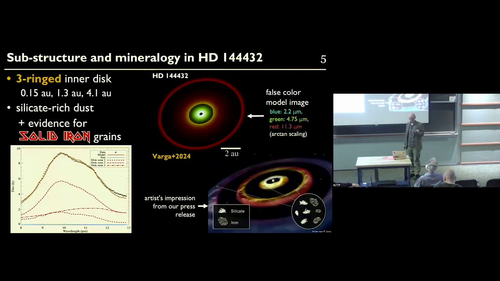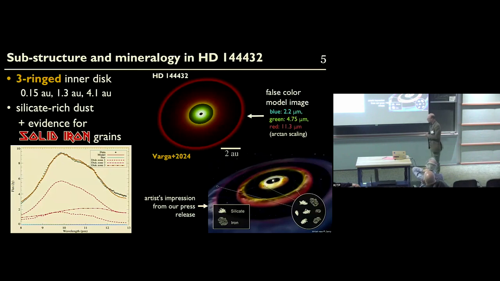The innermost ring is located at 0.15 AU according to this model, consistent with the dust sublimation. Then the second is at 1.3, and the third at 4.1 AU, plus or minus something, because all this fitting is somewhat model dependent.